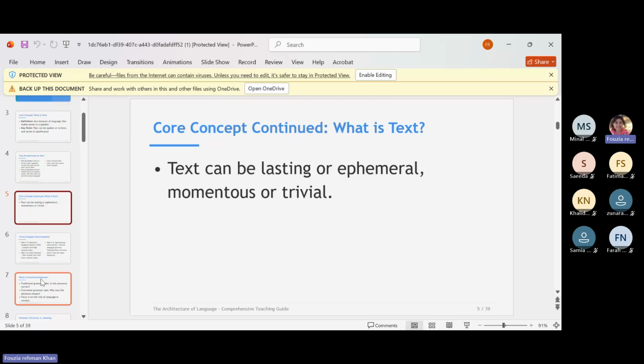Right? So now we are done with the characteristics of text given by Halliday, and we have noticed that text is very, very broad. Every instance of language is text conditionally, and those are the conditions of its being meaningful. It has to have a function, it has to have a context, and moreover, it can be important, trivial, ephemeral, or lasting.